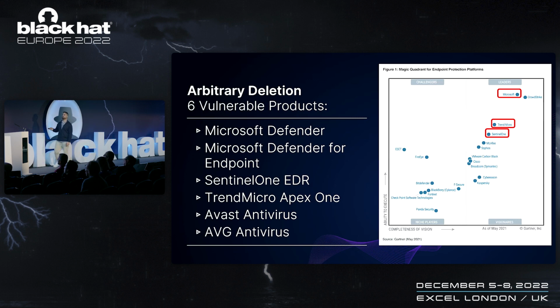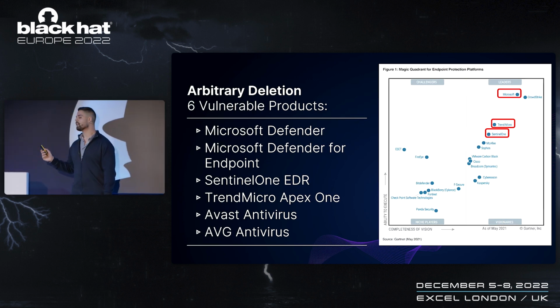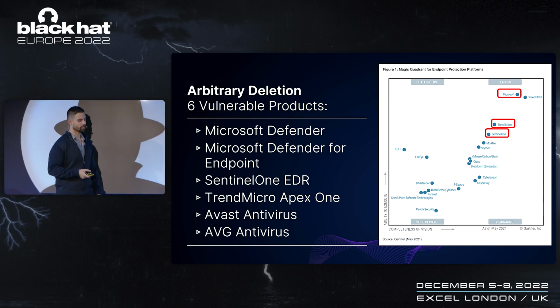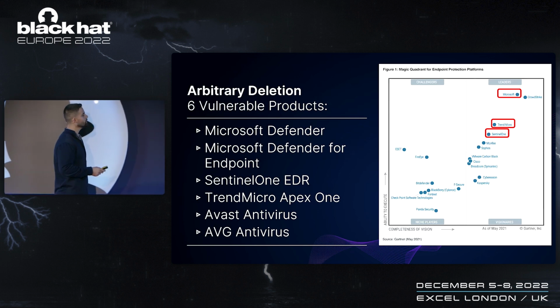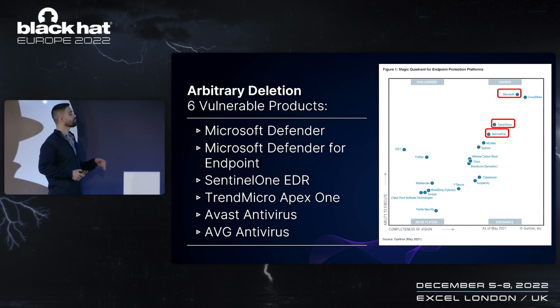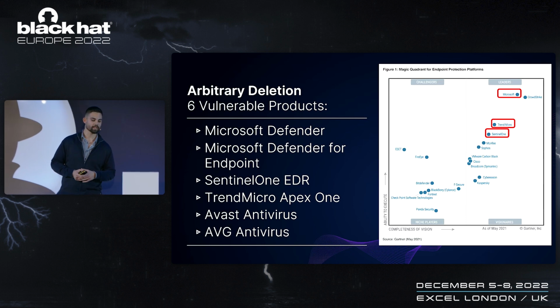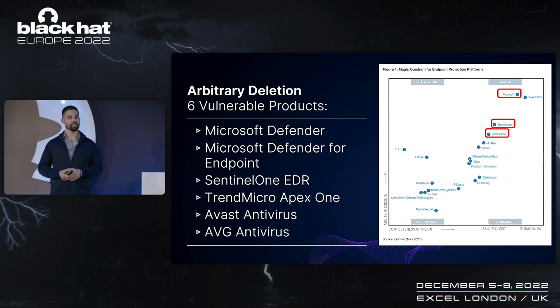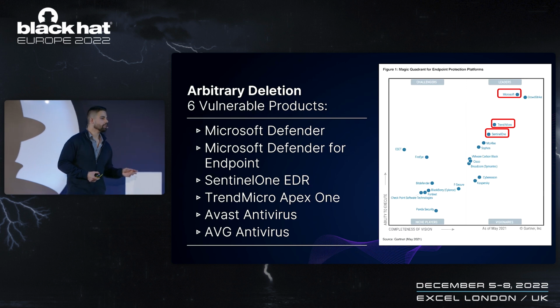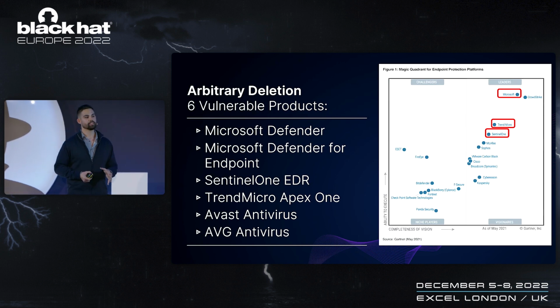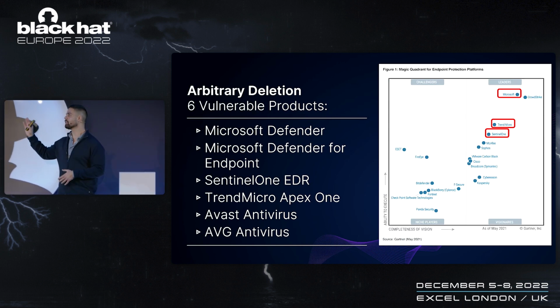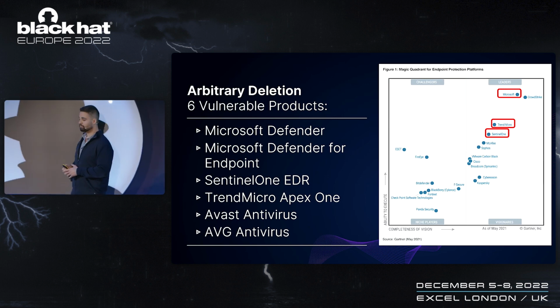The products are Microsoft Defender, Defender for Endpoint, Sentinel-1 EDR, Trend Micro Apex One, Avast Antivirus, and AVG Antivirus. Now, if we take a look at Gartner's graph on the right for the endpoint protection platforms in 2021, we'll see that actually 3 out of the 5 vendors that I just listed are high up in the leader square, so that's also huge.